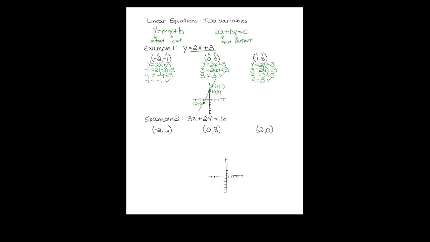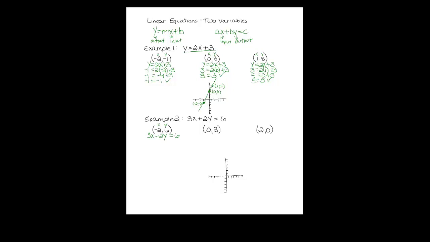In example 2, we have a linear equation in standard form, 3x plus 2y equals 6, and we're asked the same thing. Verify that these 3 points are solutions to this equation, and then plot them and see that they do fall on a straight line. So starting with this first one, -2, 6, we have 3x plus 2y equals 6.